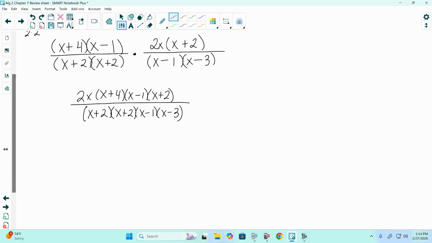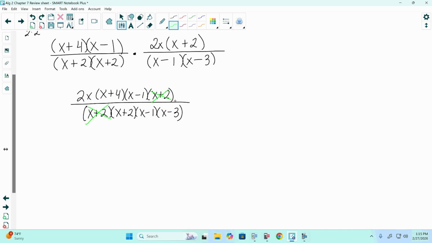Now we can multiply everything together, and for the most part, all we're doing is putting the parentheses next to each other, showing that they are being multiplied. On top and bottom, we have an x plus 2. Realistically, whichever one on bottom I actually cross out does not make a difference.